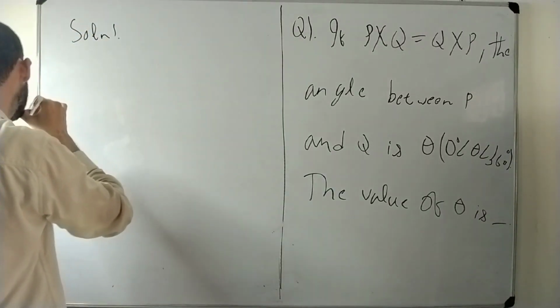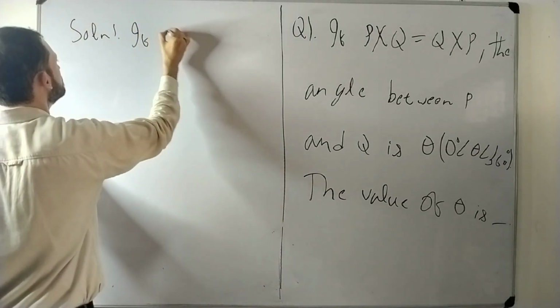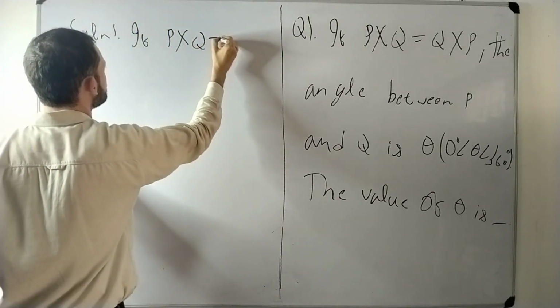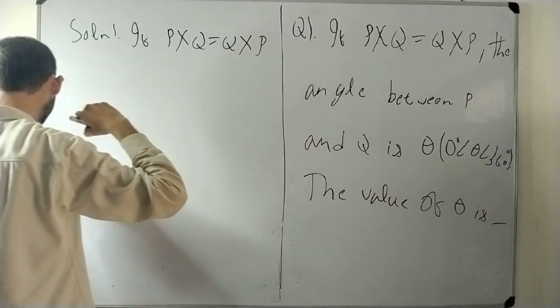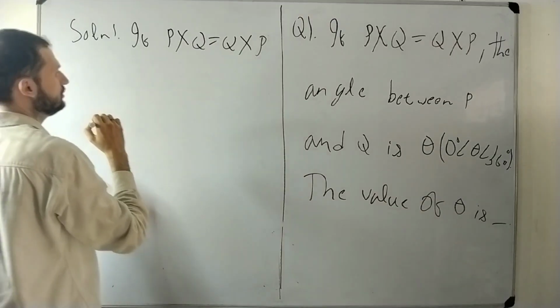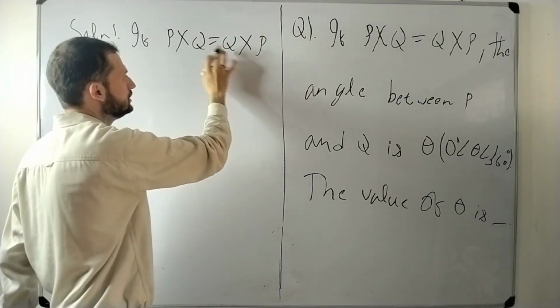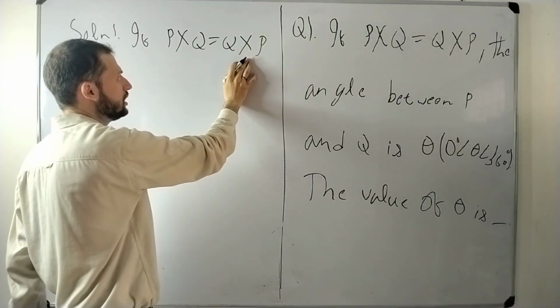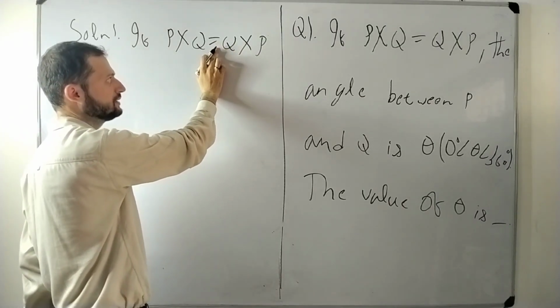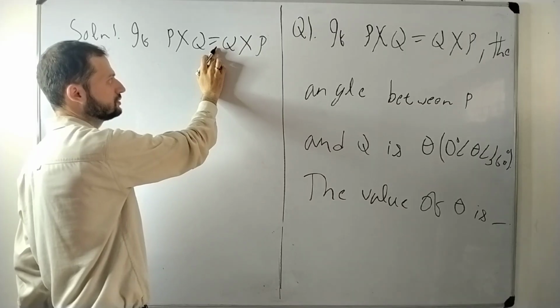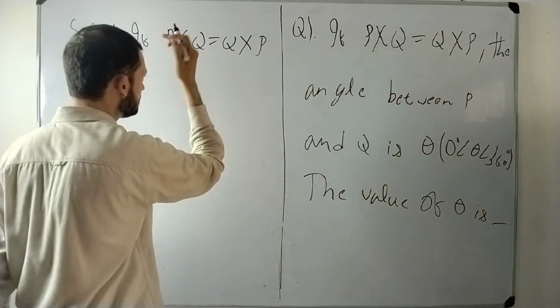Solution of this, if P cross Q equals Q cross P, so this is not possible in vector form. How, sir? This should come with minus, no, students? This should come with minus. This is only possible, so what should I write then?